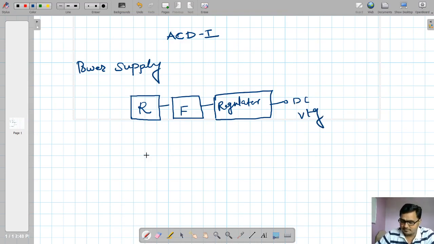Now, what is the input for this rectifier? See, the input for the rectifier is, let me draw a transformer here.